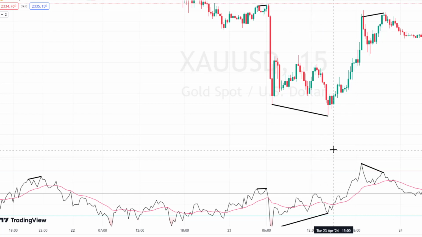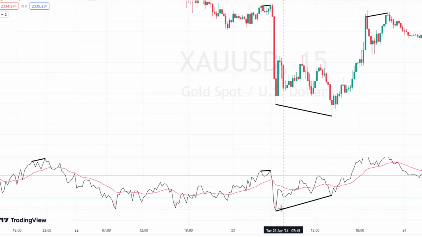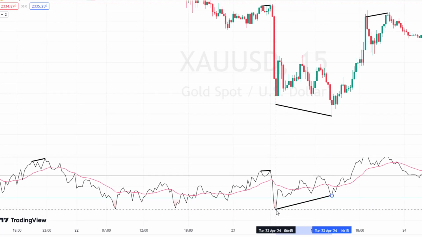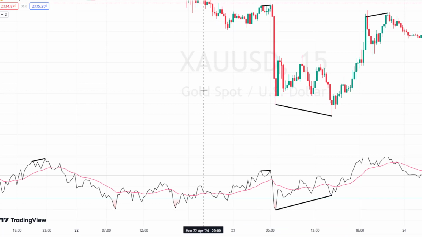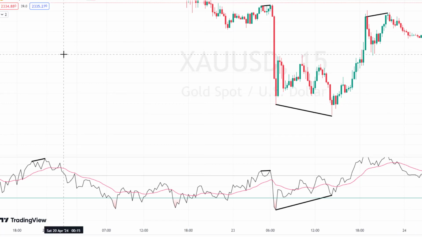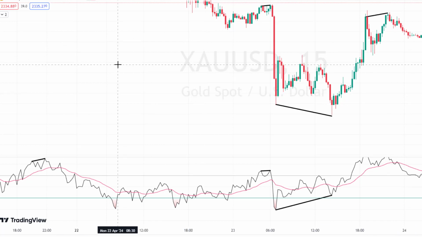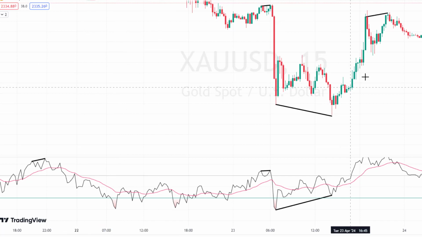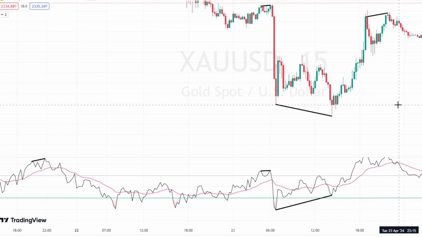Now let's see another RSI divergence. Here I clearly tell you the exact and perfect time frame for looking at the divergence. It must be at least 15 minutes. If you consider a lower time frame, it will not be possible to catch a perfect trade.